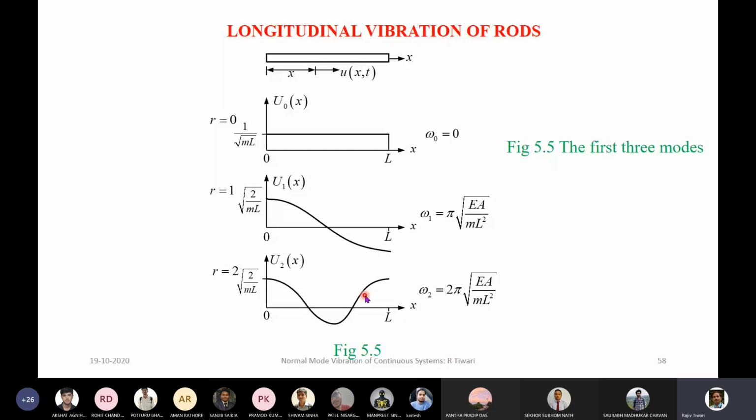Very interesting behavior we will see in the third case, in which these two parts will have the same displacement direction and this will have the opposite, and every point is having different displacement. Even the direction is changing.